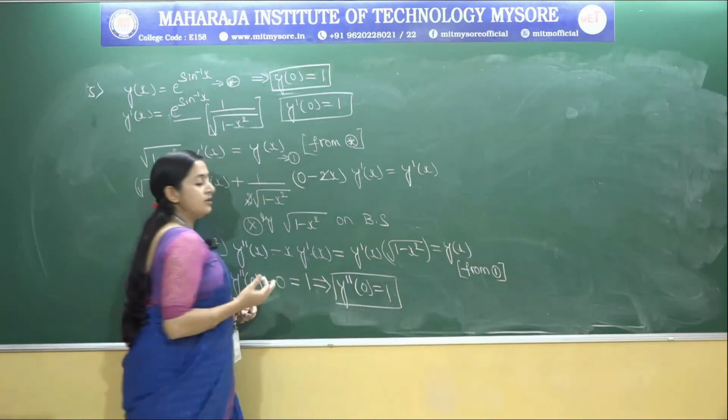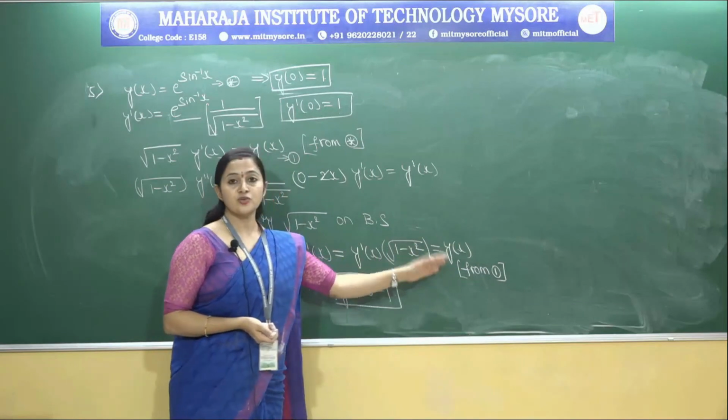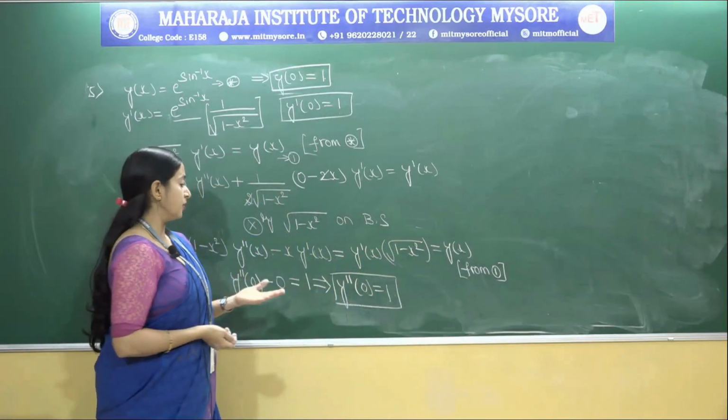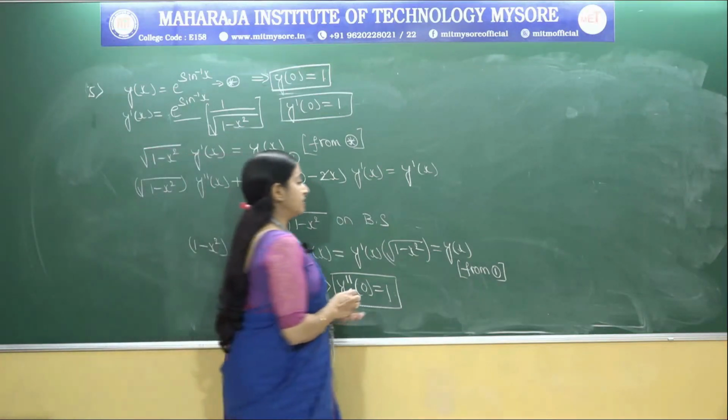If you want to continue till the third derivative, you can consider this as y of x using equation 1 and continue. Or else, since you have 3 terms in a series, you can write the Maclaurin series.